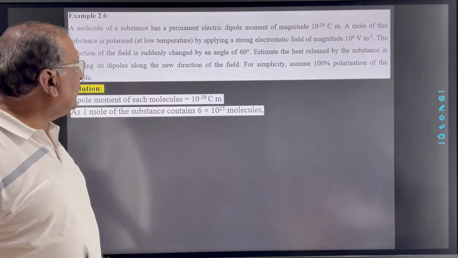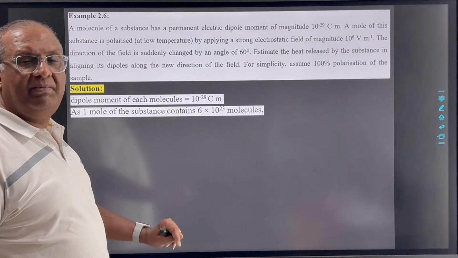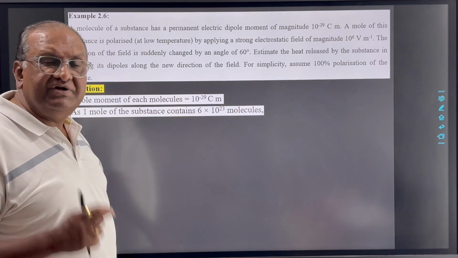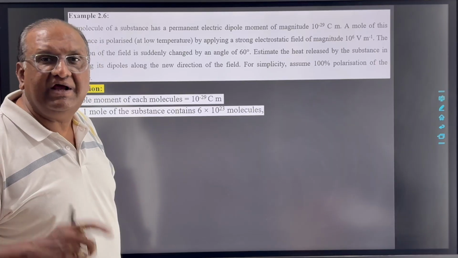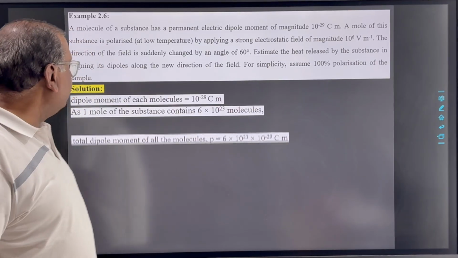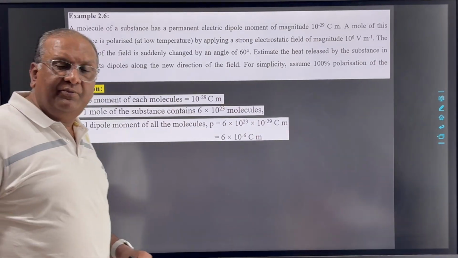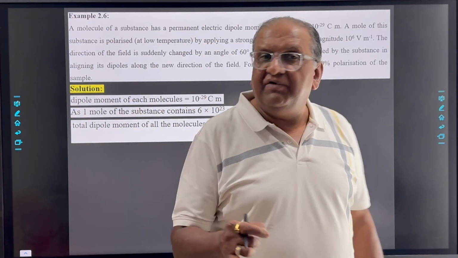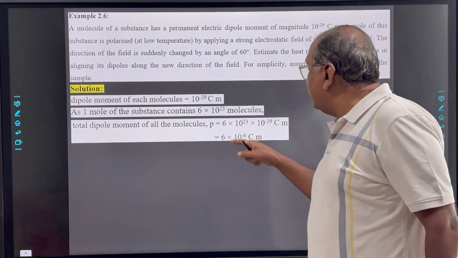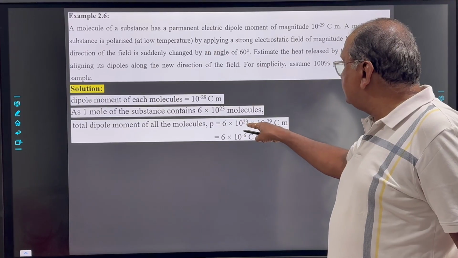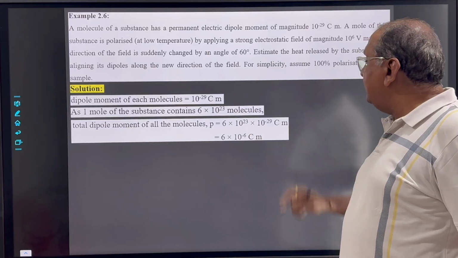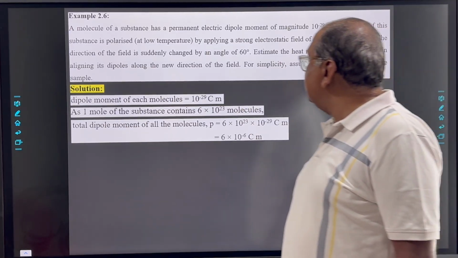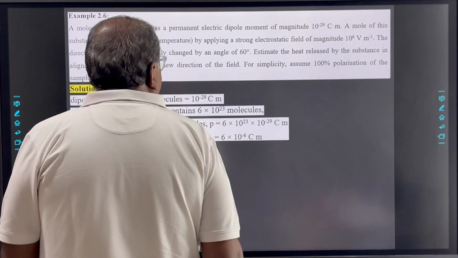Now one molecule has this much dipole moment, so this many molecules have a total dipole moment of 6 into 10 raised to 23 into 10 raised to minus 29. So that is 6 into 10 raised to minus 6 coulomb meter.